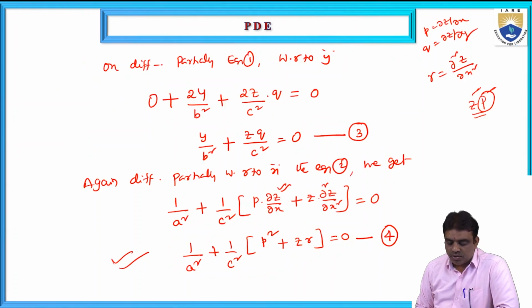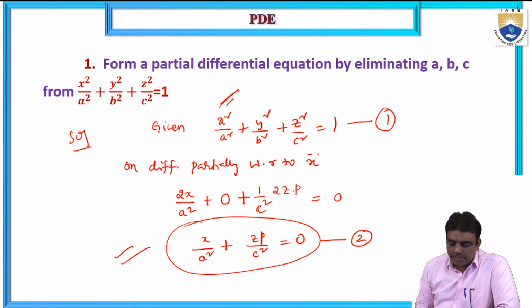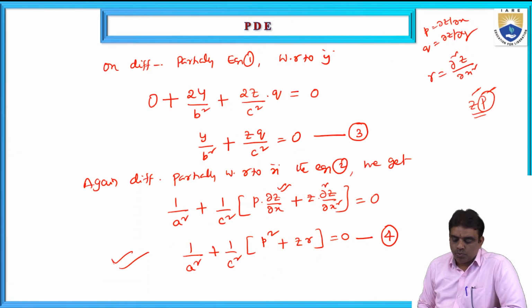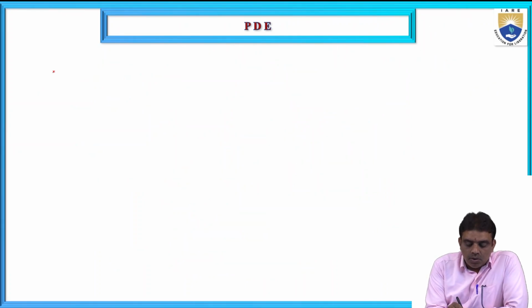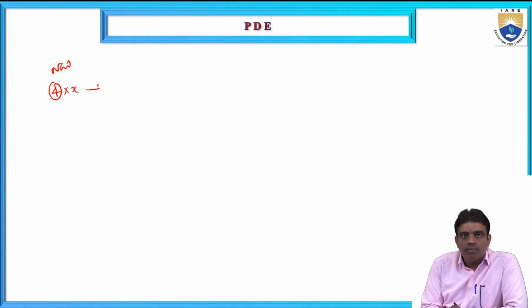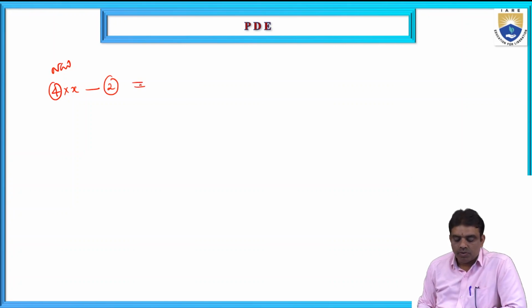That means what I can do? Multiply equation 4 with x and subtract equation number 2. Equation 4 multiplied by x minus equation number 2. So what we will get?